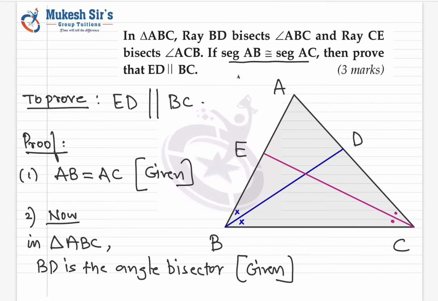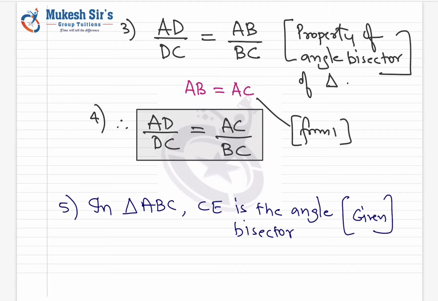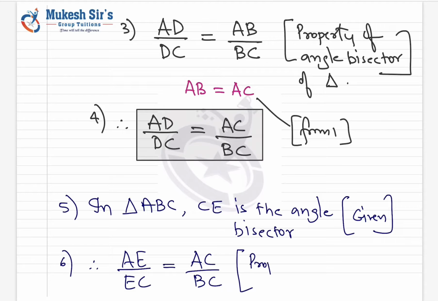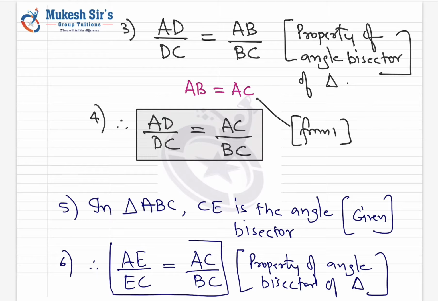If CE is the bisector, then use the property of angle bisector, you will get, therefore AE upon EC is equal to AC upon BC. The reason is again property of angle bisector of a triangle. So form a box for this.